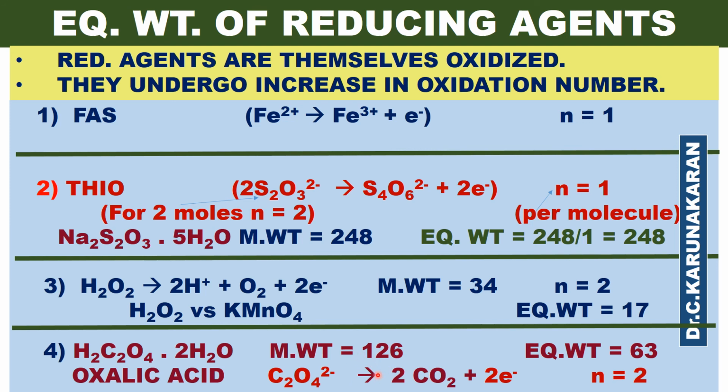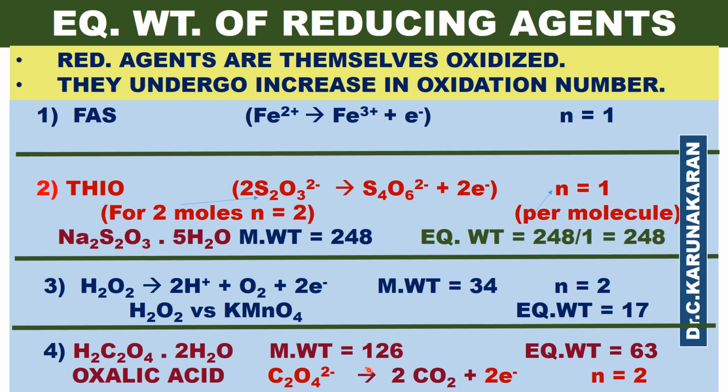Why is heating required for oxalic acid versus KMnO4? Because of the COOH groups, there is a C-C bond. In order to break the C-C bond, energy is required. This is an endothermic reaction. Therefore, heating is required for this titration.